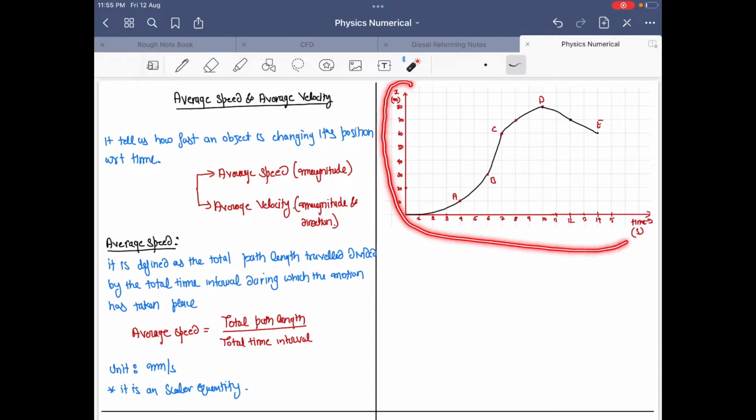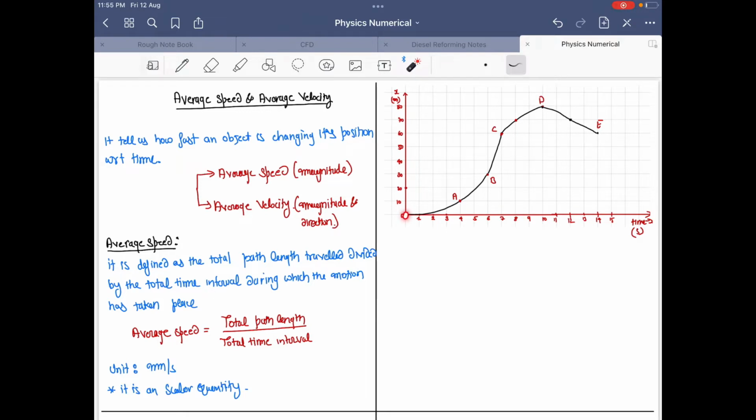So let's now see this graph where we had described the motion of an object with respect to time. On the y-axis we have the distance x in meter, and on the x-axis we have the time in second.